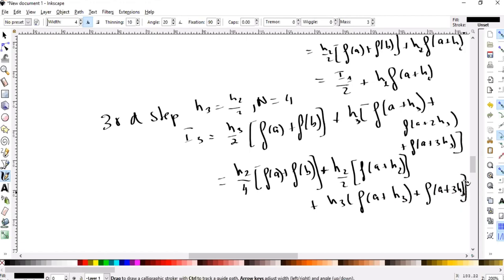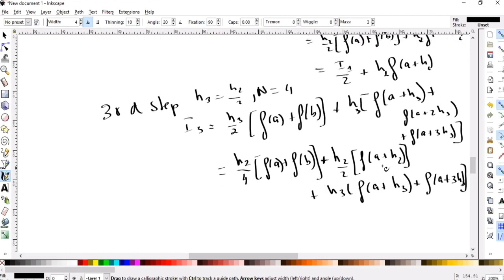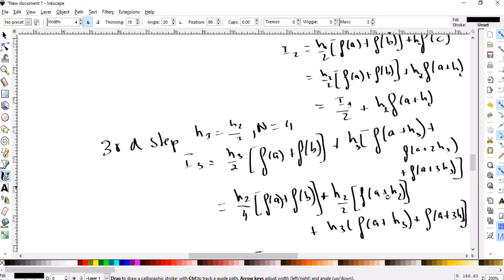So basically what I'm doing is the same method that I did for the rectangle. So this is I2 over 2. Height was I2.